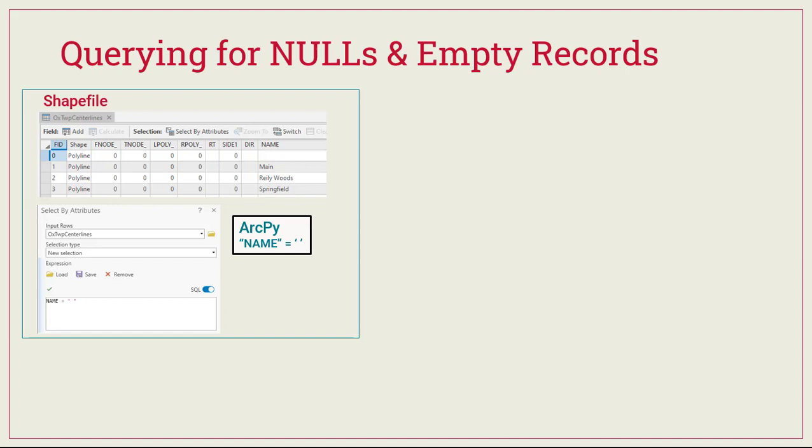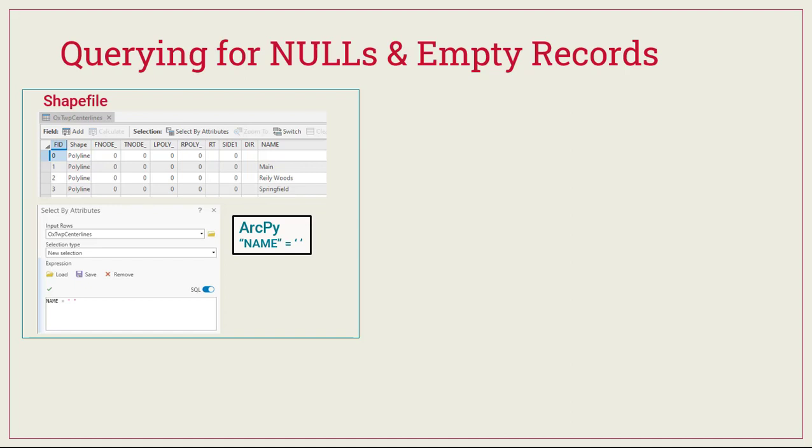We can see a snippet of our field and of our table, and we can see that the top record there with the FID of 0 has empty information in the name field. Well, let's say we wanted to query in this data set for all of our records that were empty for name. We can see here that in ArcPro, the field is just simply empty.